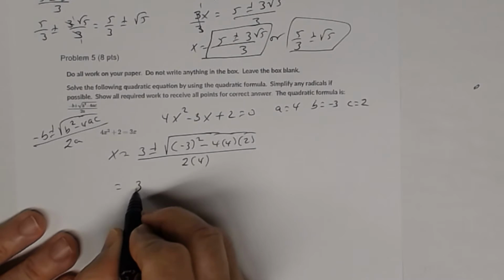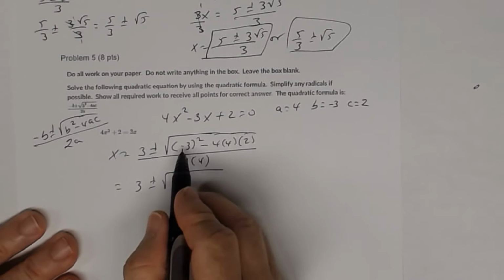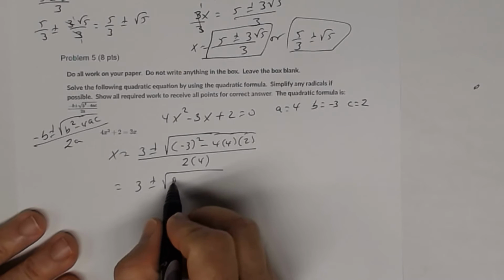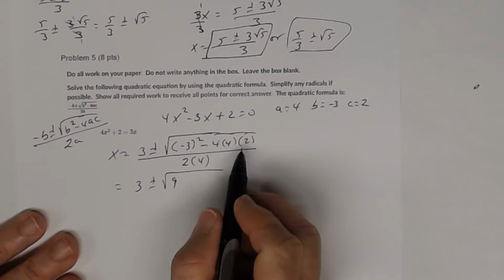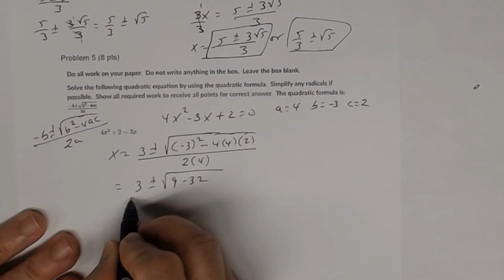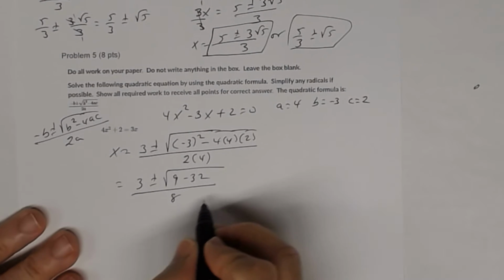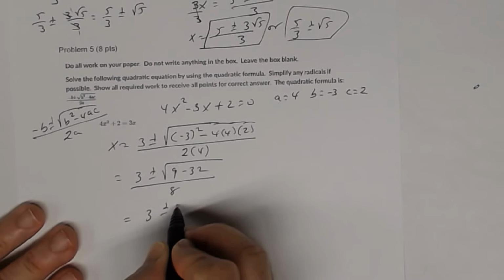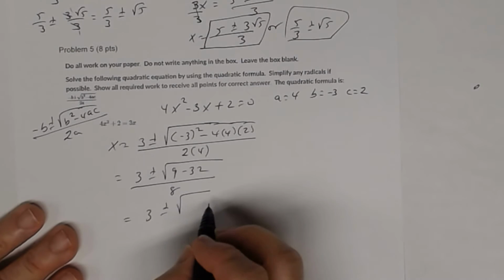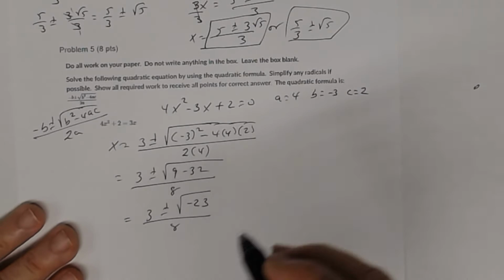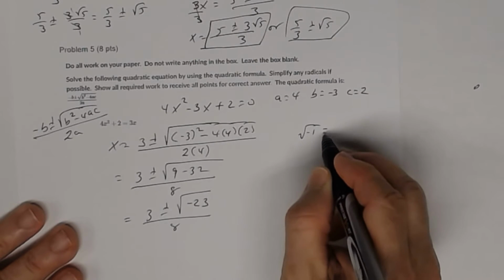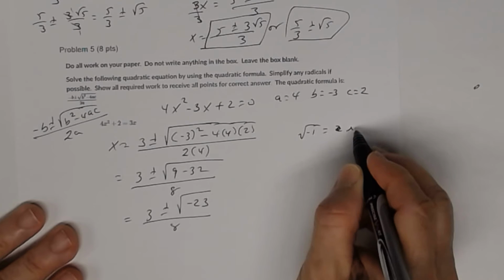Okay, so I get 3 plus or minus the square root of -3 times itself is 9. A -4 times a +4 times 2 is a -32, divided by 2 times 4 is 8, equals 3 plus or minus the square root of 9 minus 32 is a -23, divided by 8. And just as before, you got to remember that the square root of a -1 is defined to be i.